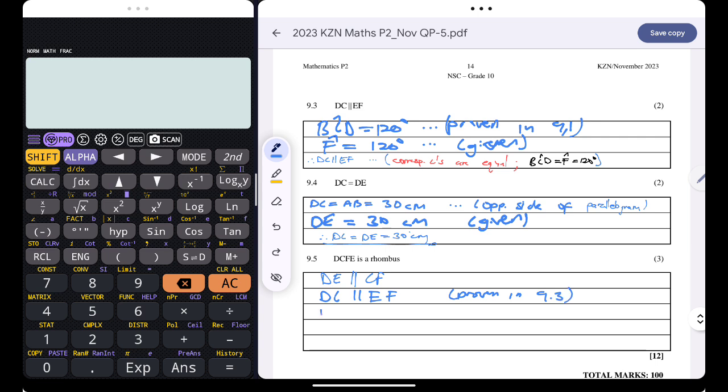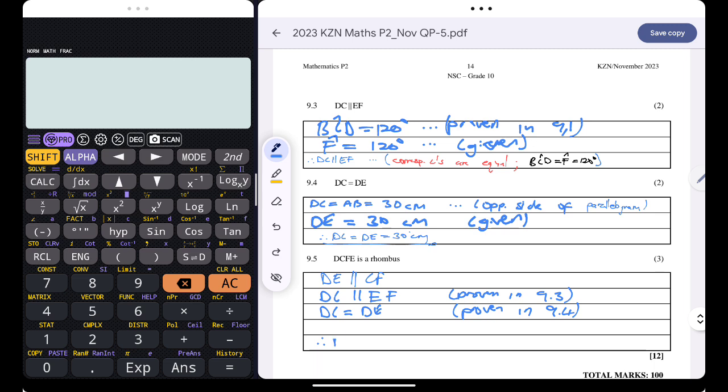And also DC being equal to DE, which was proven in 9.4. Now we have a situation whereby opposite sides are parallel and the adjacent sides are equal.